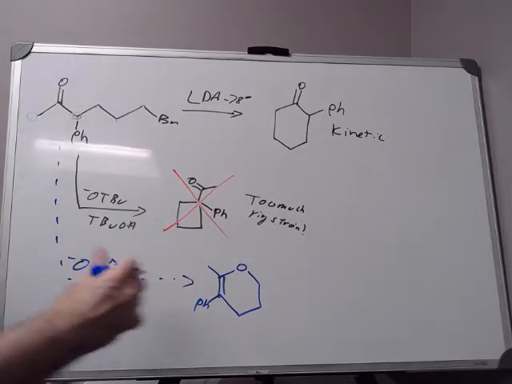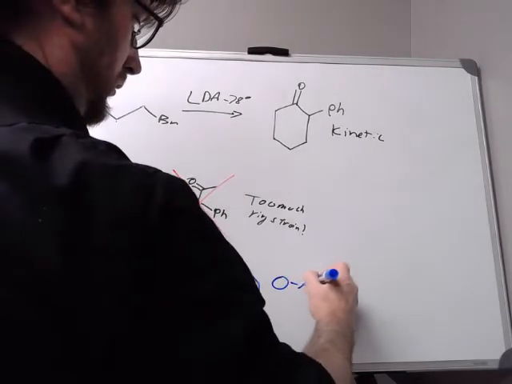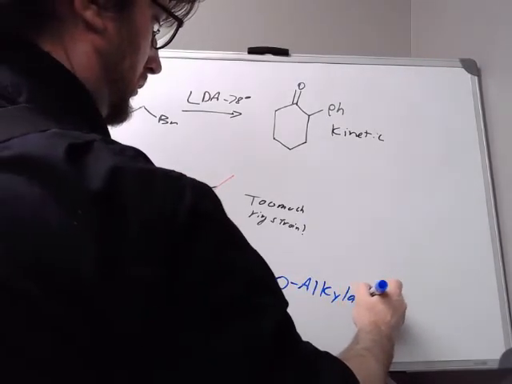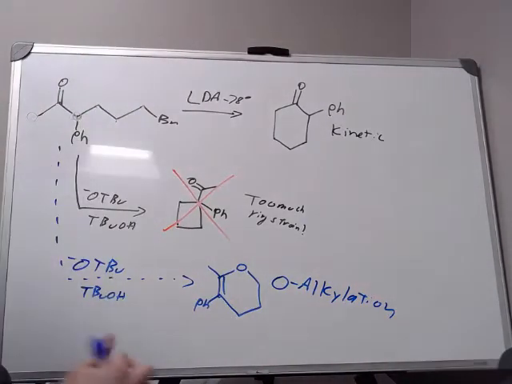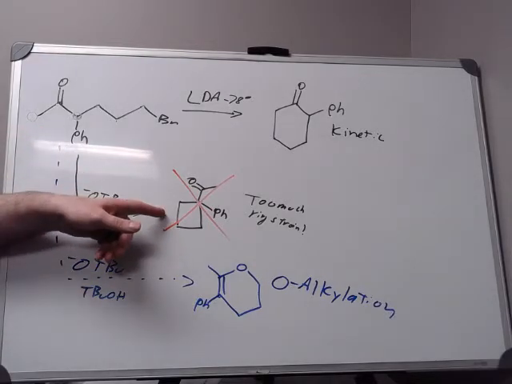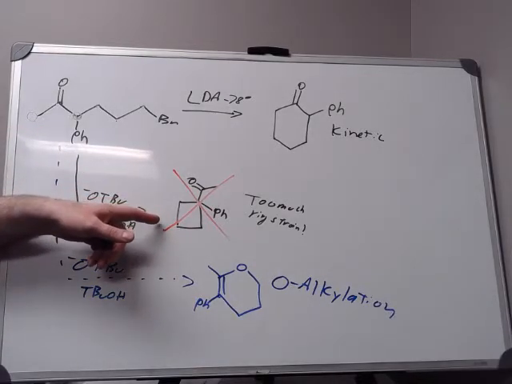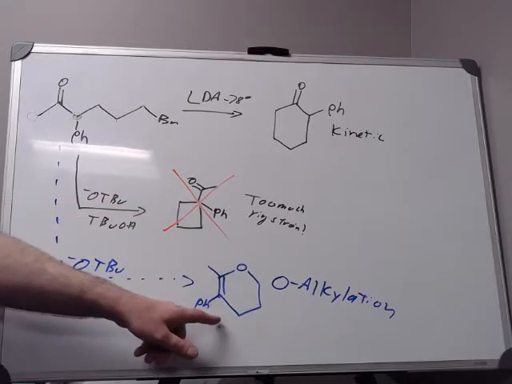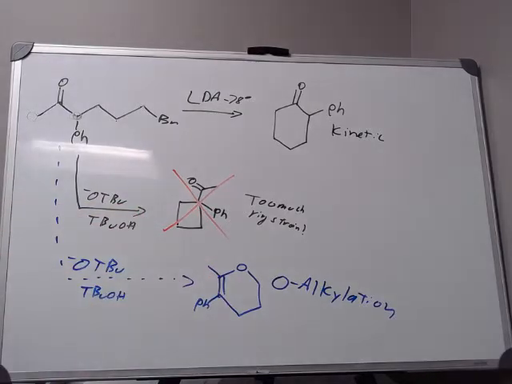And this O-alkylation is possible if it can form a stable ring, such as a 5, 6, or 7-membered ring. But O-alkylation tends to be pretty rare. And so this is a case where the alkylation on the carbon isn't possible due to too much ring strain, and so we'll get alkylation on the oxygen instead.